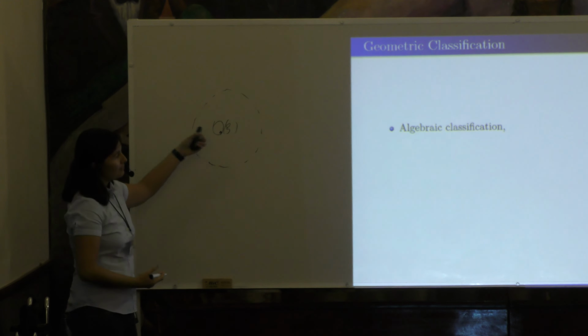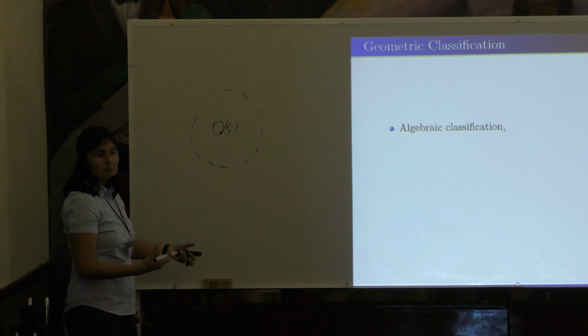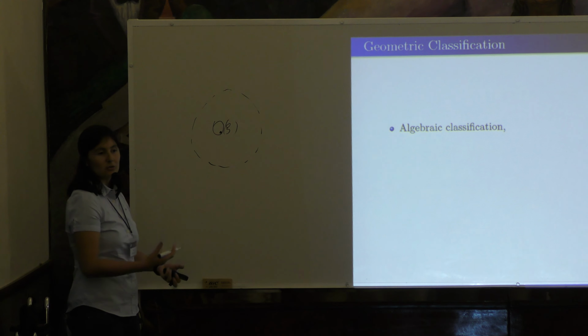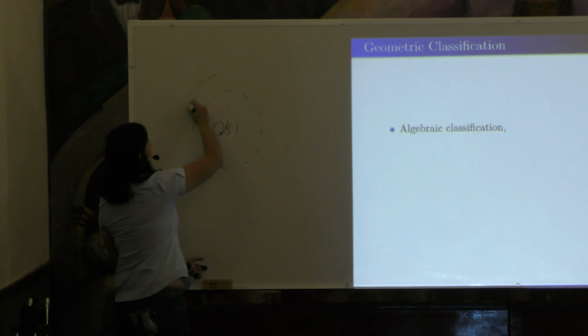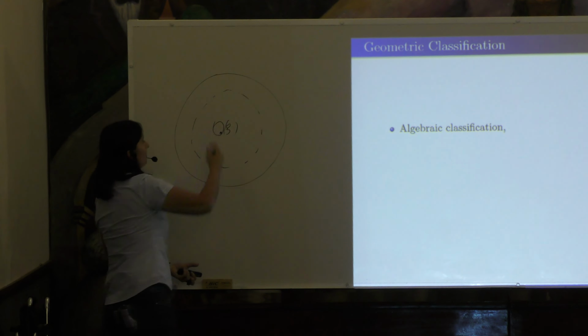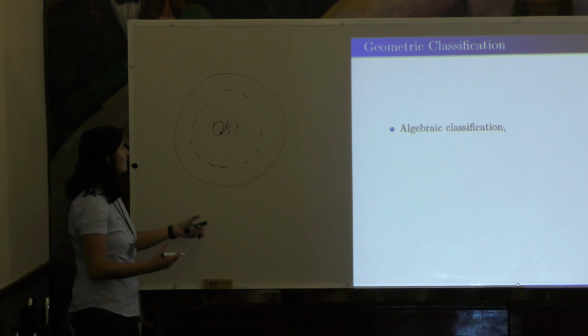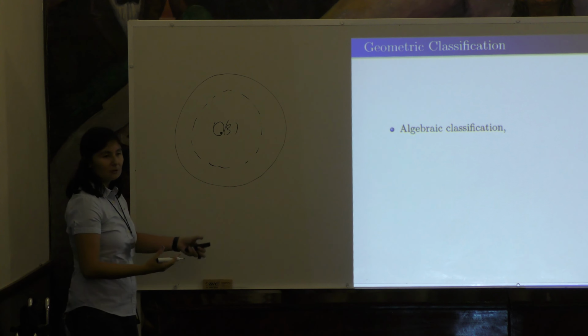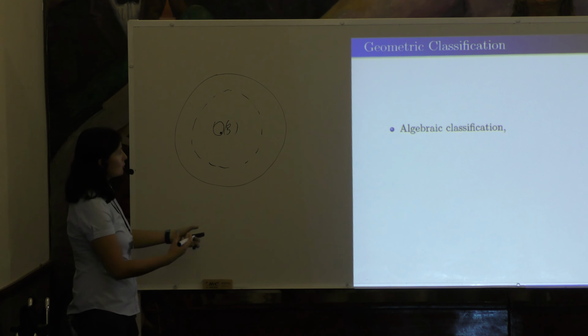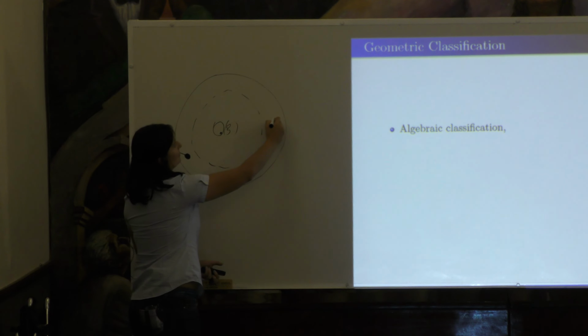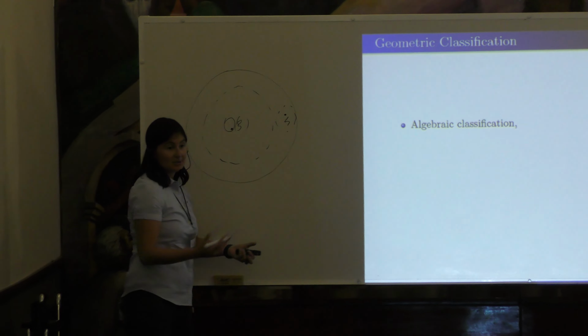So we know what happens in the orbit, but we want to know what happens in the closure of the orbit. And it turns out that in the closure of the orbit, more specifically in the frontier, there are other Lie superalgebras with their orbits.